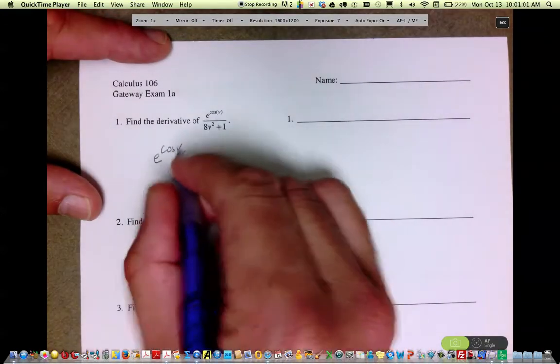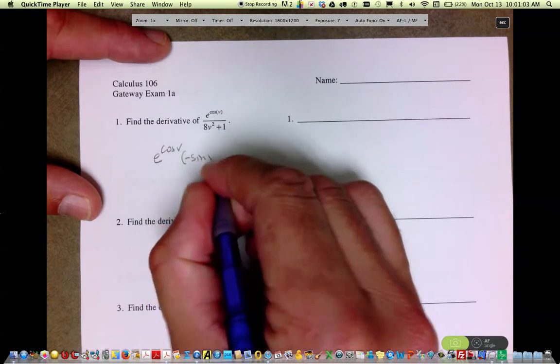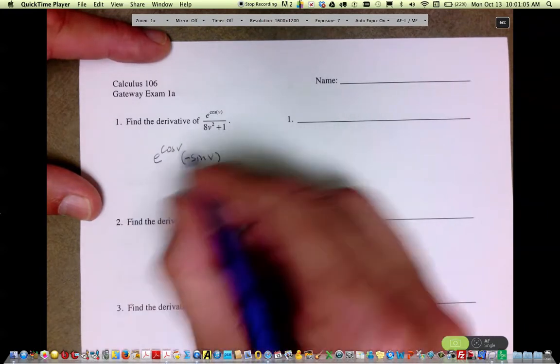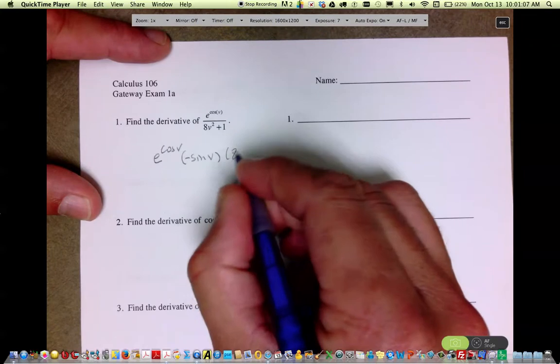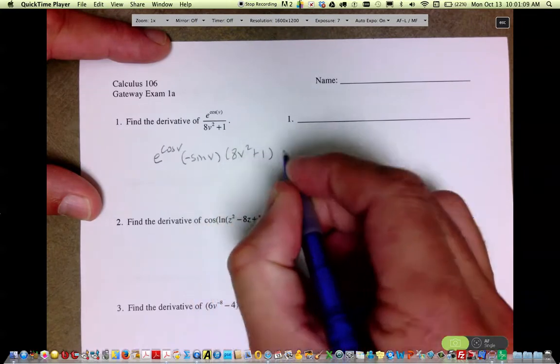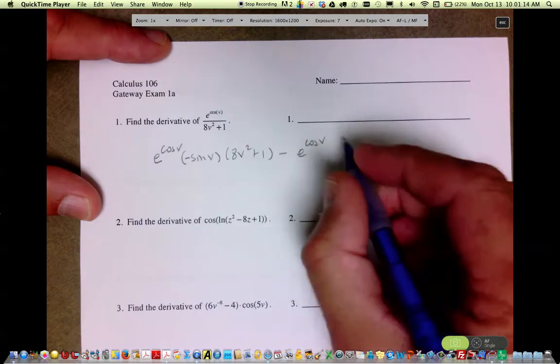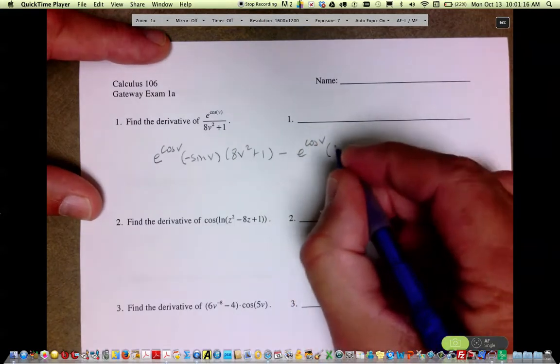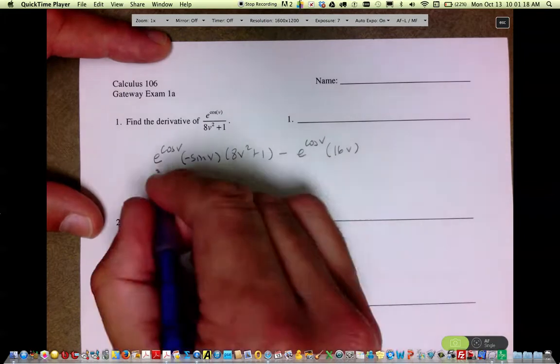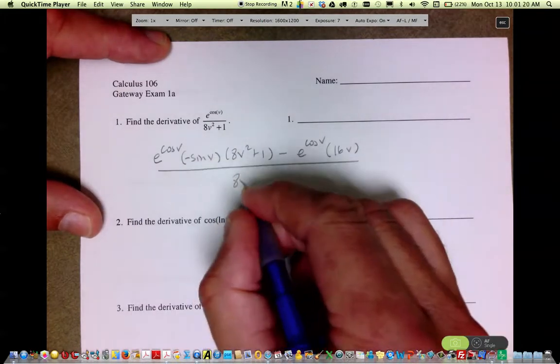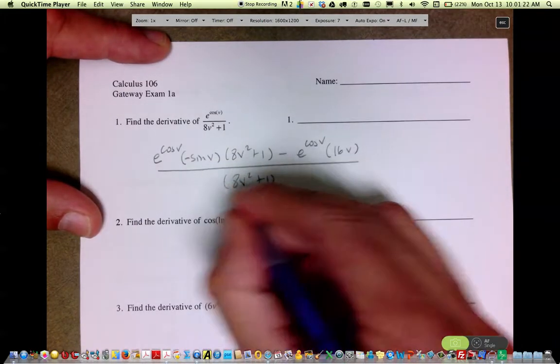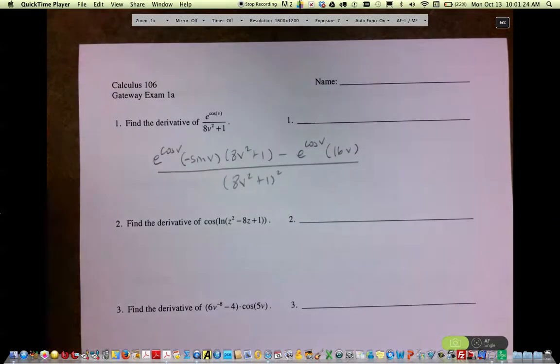The derivative of cosine is negative sine, and then that's the derivative of the numerator times the denominator, 8v squared plus 1, minus the numerator, e to the cosine of v, times the derivative of the denominator, 16v, and then all of that divided by 8v squared plus 1 squared. Right? And then just leave your answer like that.